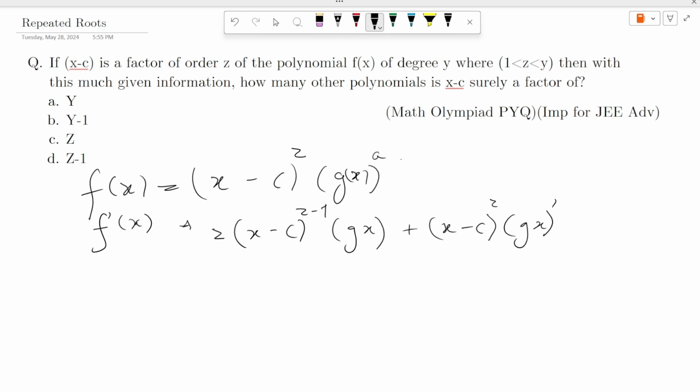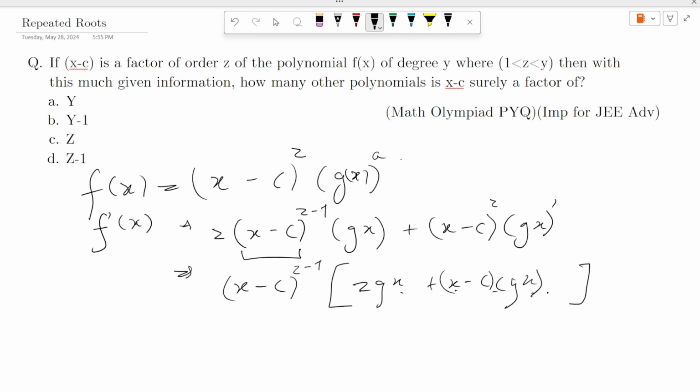Now we can take this term as common and write the expression as something like this, with parentheses and all the terms right here. For example, here it would be something like x minus c times g'(x), but we don't really care about that. All we really care about is this a right here.